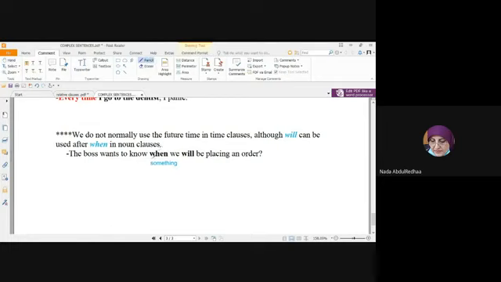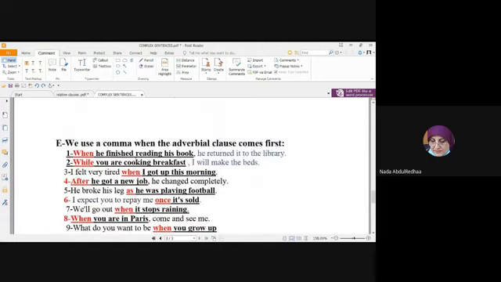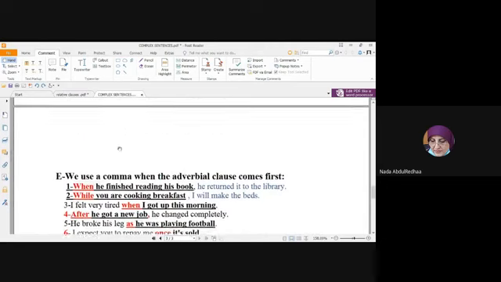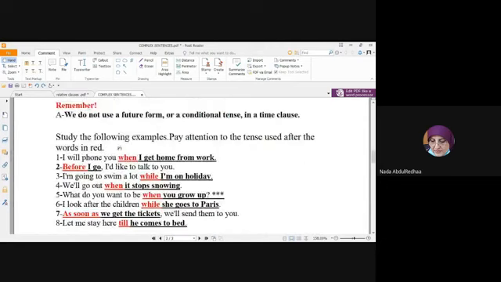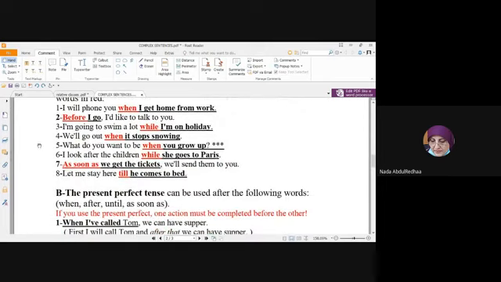What else? I want you to go back to note number 1, we don't use future, and go to sentence number 5. What do you want to be when you grow up? This is something similar to the last one. Why?